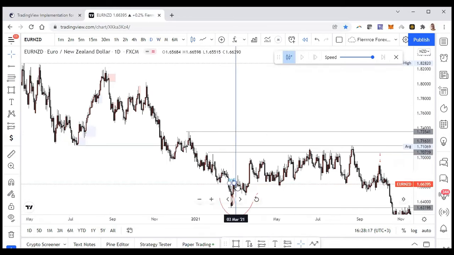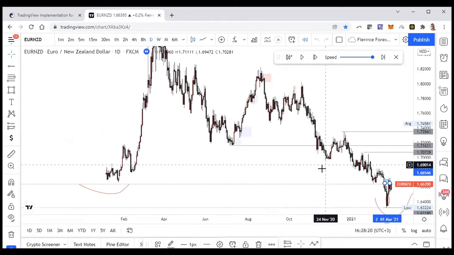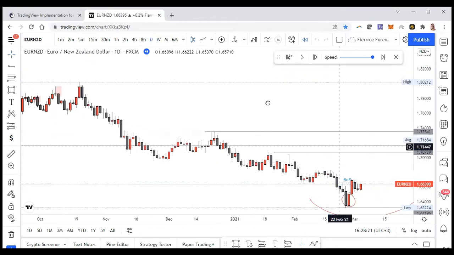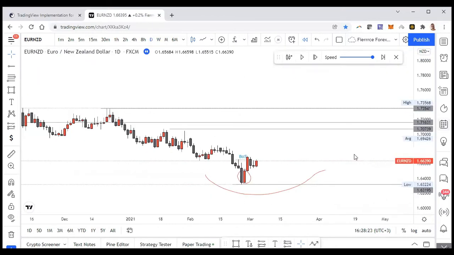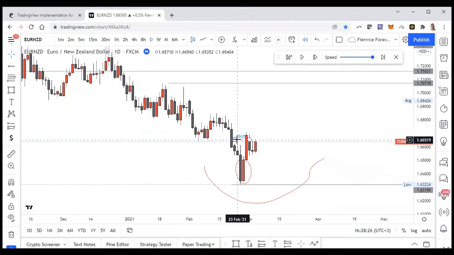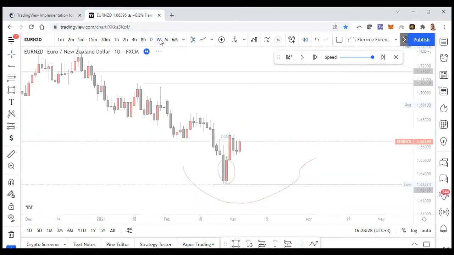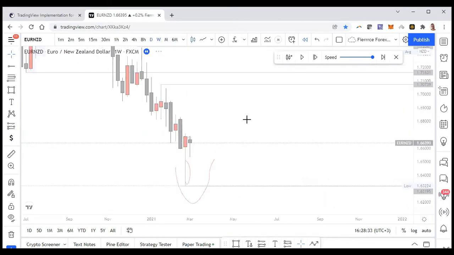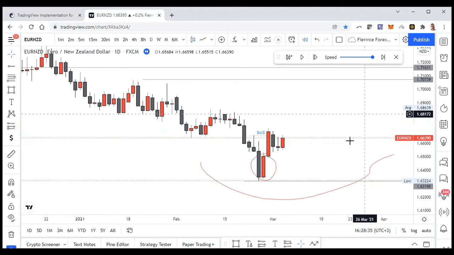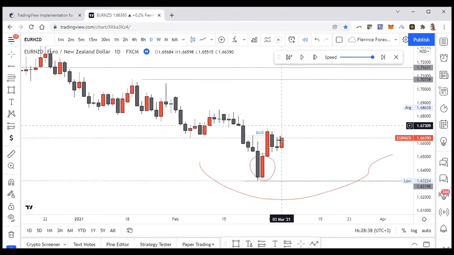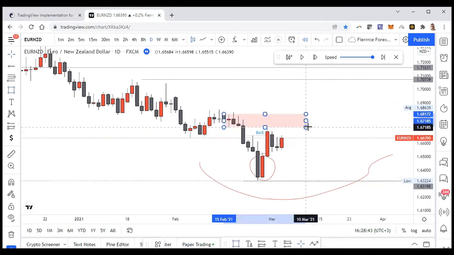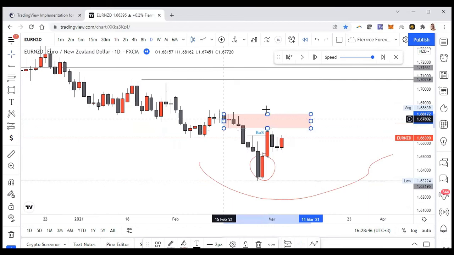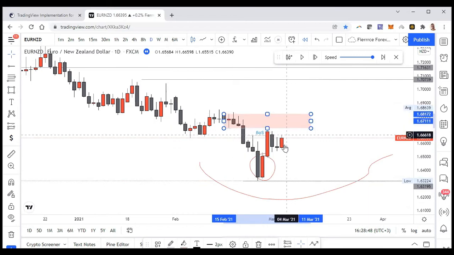So let me just do this again. We have the weekly time frame here, we have the daily here, and price is pushing up. Let's look at it from this point. If you had seen this supply zone, this would have helped you better anticipate a rejection point here.